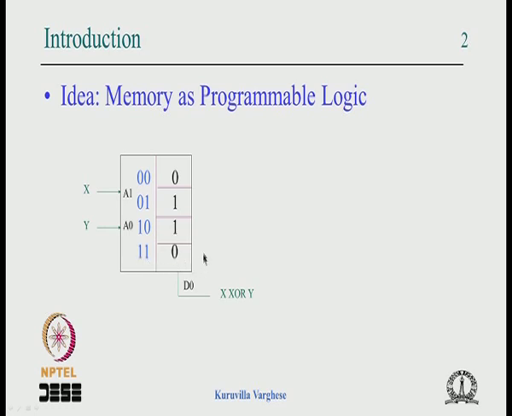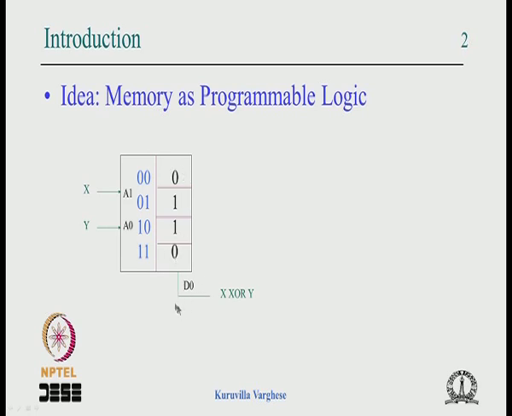So what we are doing is programming the truth table into these 4 locations, because these 2 address lines are connected to these variables. And this is somehow programmed. We just write that truth table into these locations.